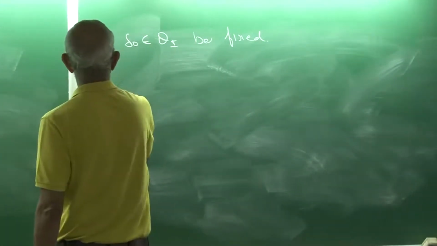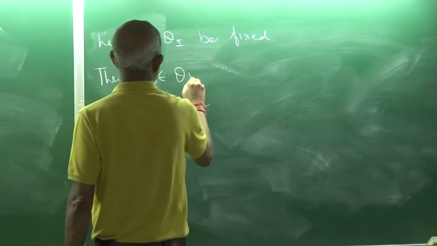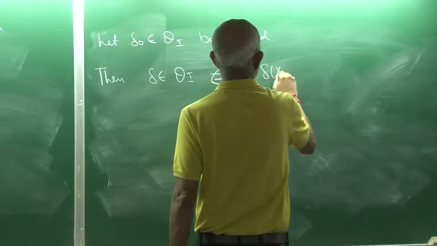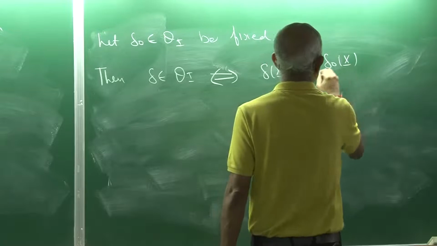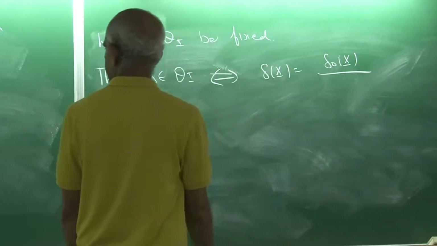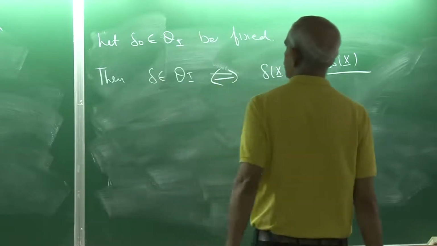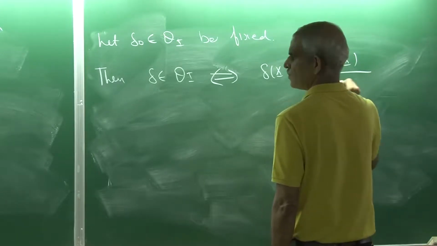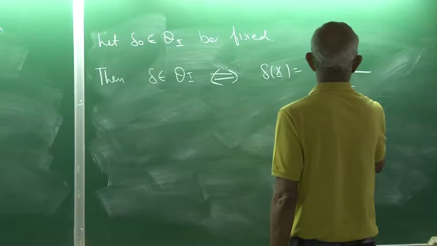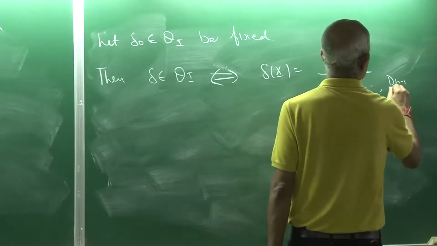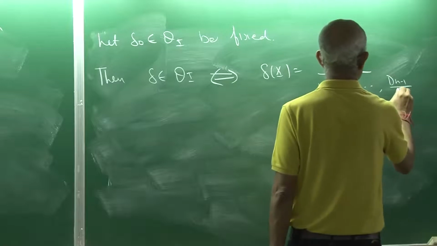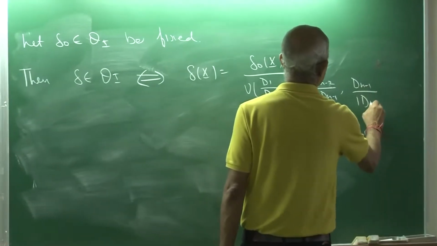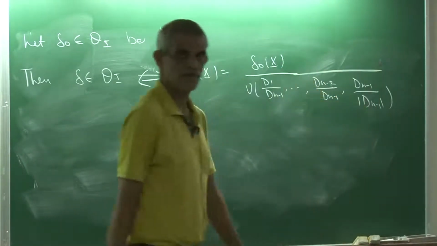Then any other estimator delta belongs to di if and only if delta x can be written as delta naught x upon u of d1 upon dn-1, dn-2 upon dn-1 and dn-1 upon mod of dn-1.